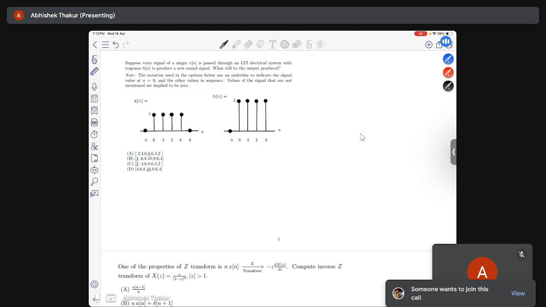So for finding convolution, first we will do h of minus n.